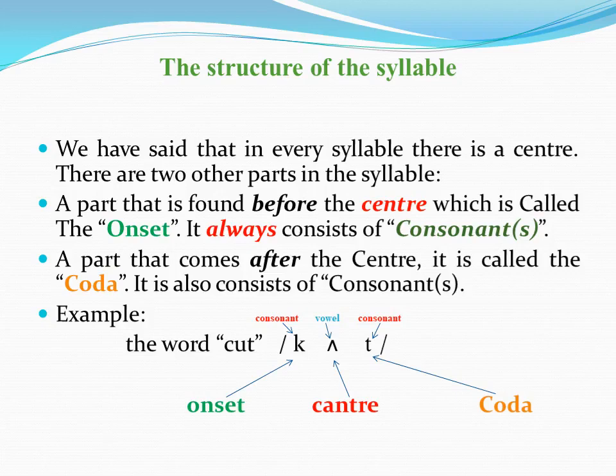The vowel sound represents the center of the syllable. What comes before the center, the sound k, represents the onset. And the sound t, which is also a consonant, represents the coda of the syllable.